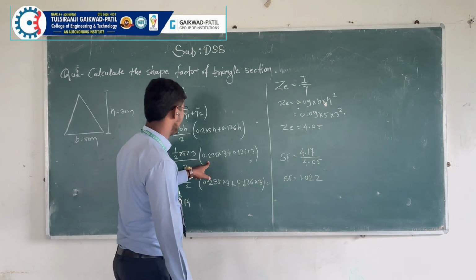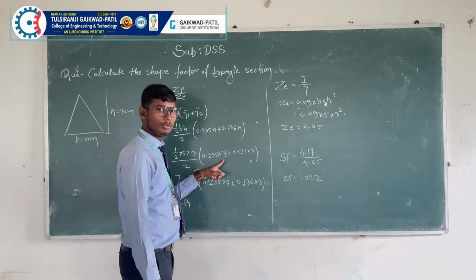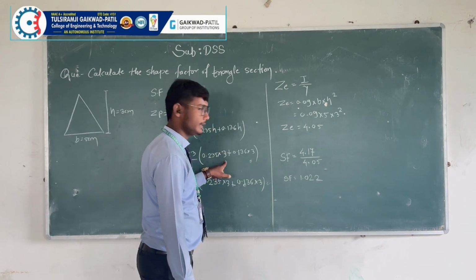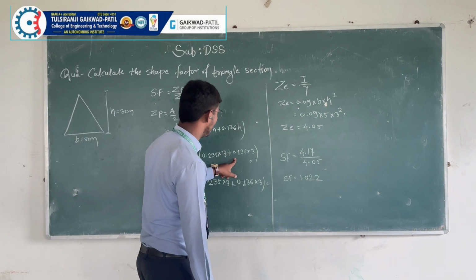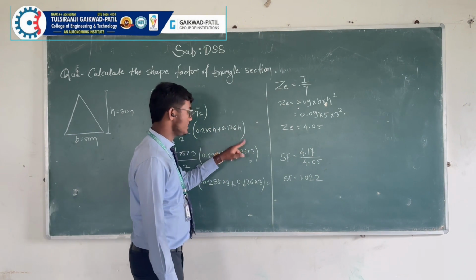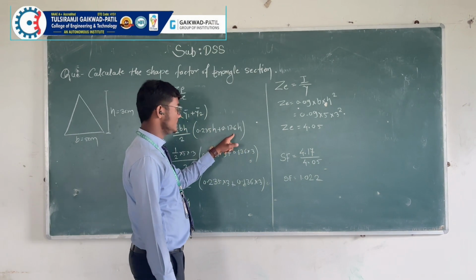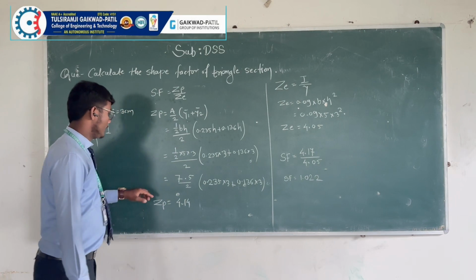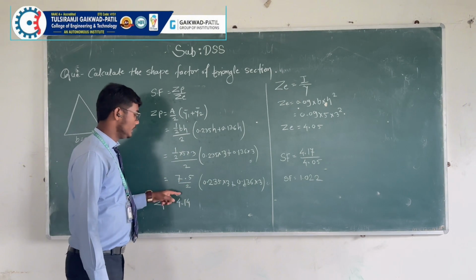Then y1 bar is 0.235 into h, where h is equal to 3 centimeter, plus 0.136 into h, where h is equal to 3 centimeter. That is the height. Then it is equal to 7.5 divided by 2.